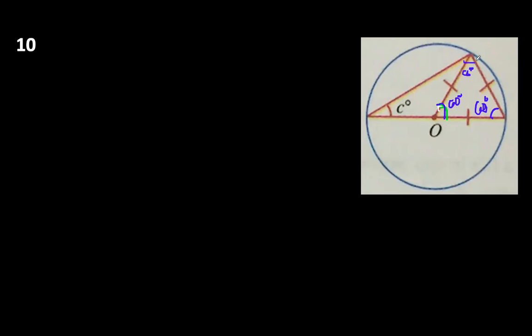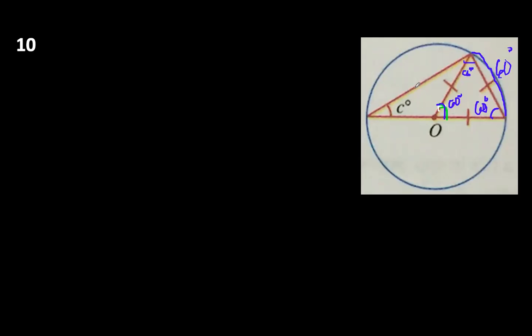Since this is an inscribed angle and this is its intercepted arc, this is also 60 degrees because the intercepted arc of a central angle is equal to its measure, right? And this arc is an intercepted arc of the angle C here.